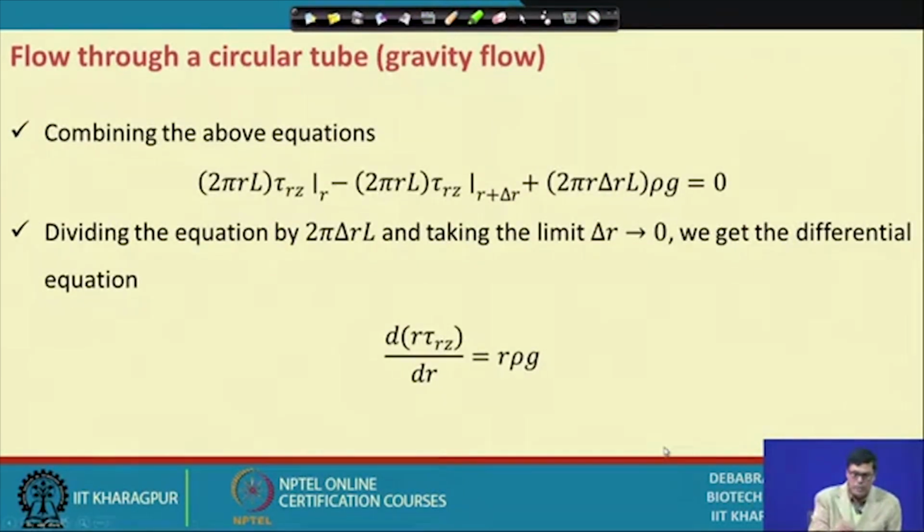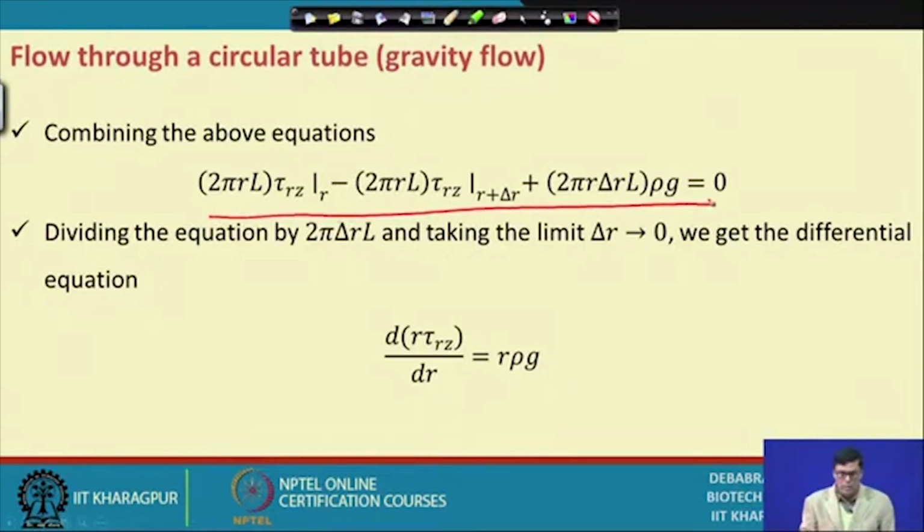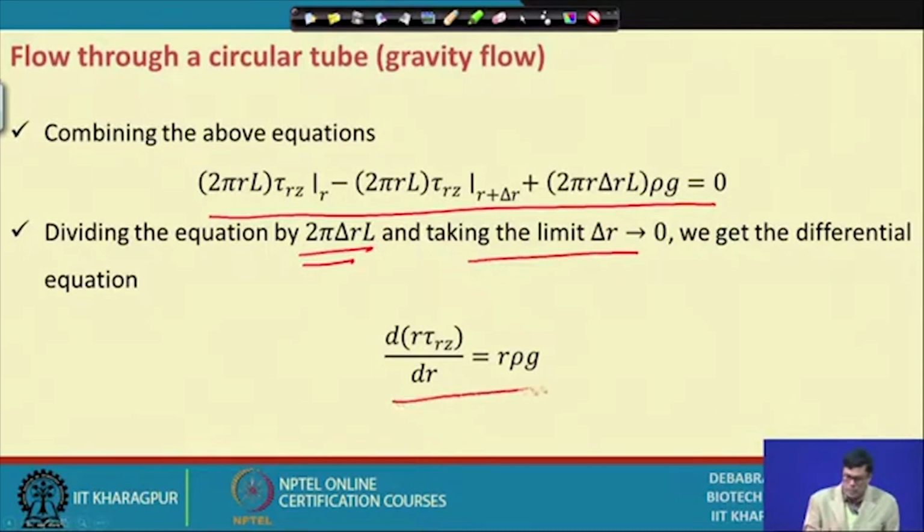Now combining the whole equation, we get this equal to 0. Now we divide by 2 pi del R into L, and taking del R tends to 0, we get this differential equation that simplifies to R rho g.